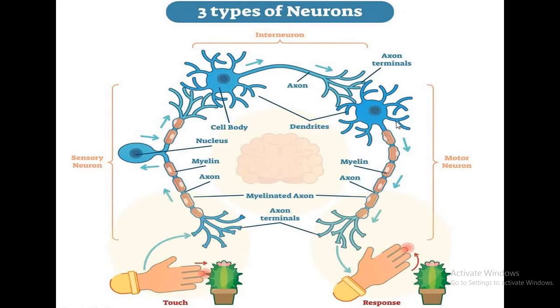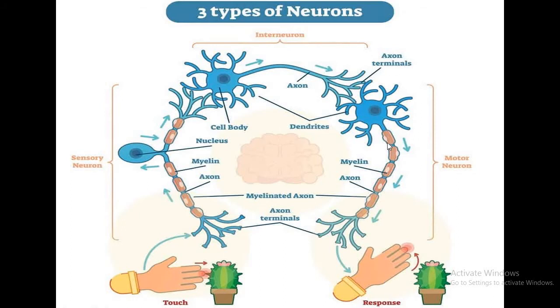Then what is the motor neuron? The motor neuron, as the arrow is denoting over here, will carry the impulse from the main nervous system, that is your brain or the spinal cord. Central nervous system is also known as main nervous system. So brain and spinal cord is the main nervous system or the central nervous system.